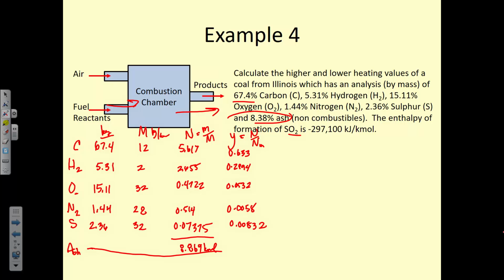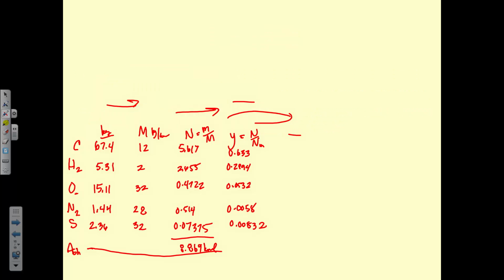Okay, so we did all of that just so that we would know the coefficients in front of each of those components in our equation. So let's go actually to the next slide.